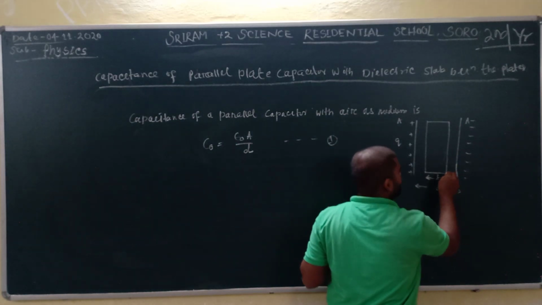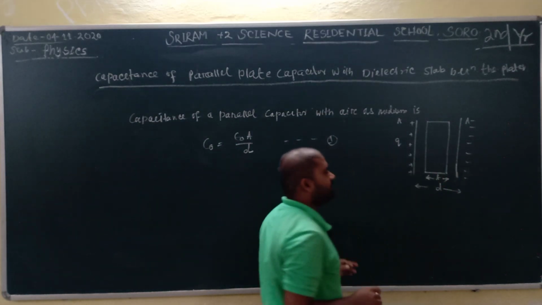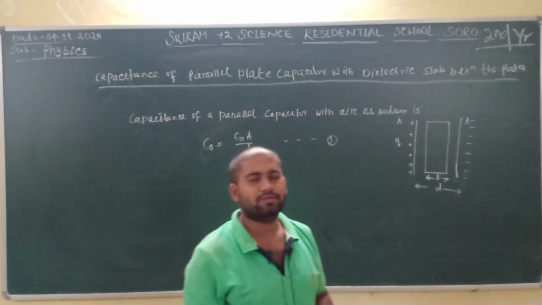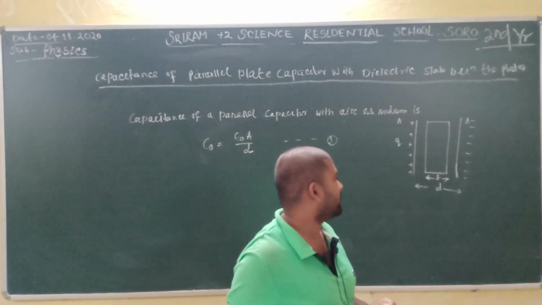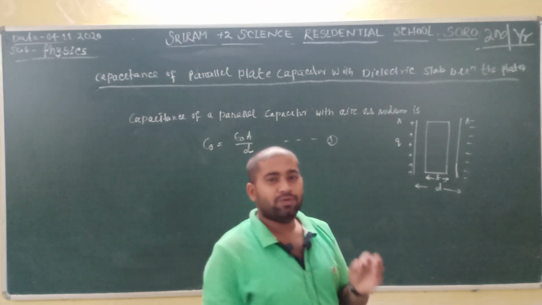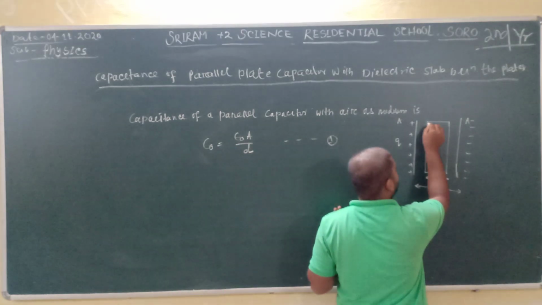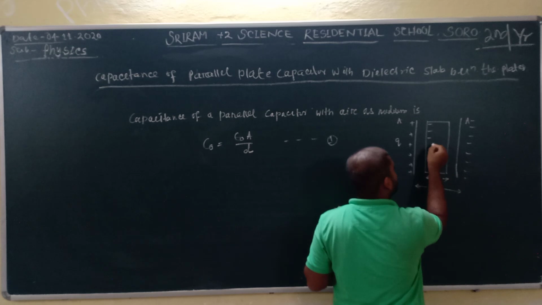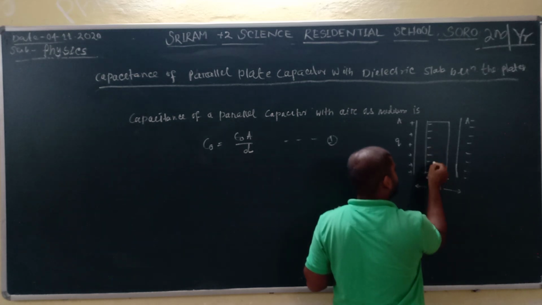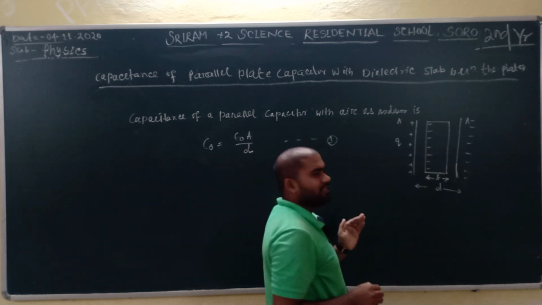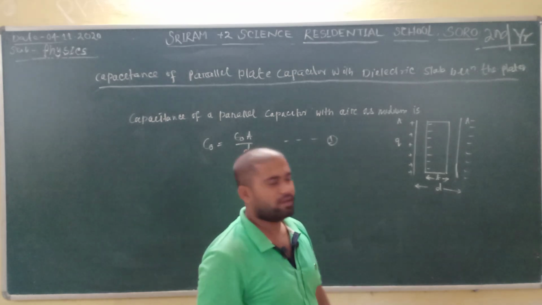When we place a dielectric slab, what happens? There will be electric polarization, and because of that polarization negative charges appear on the face of the dielectric which lies toward the positive side of the parallel plates.